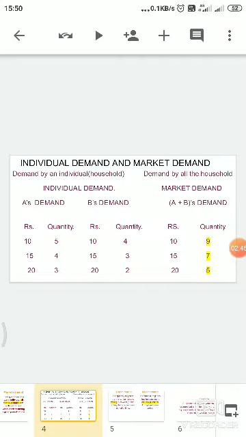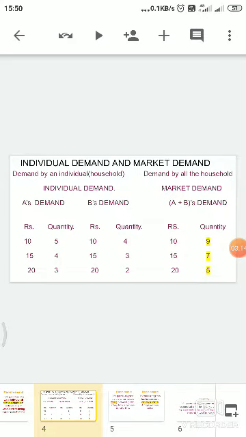When the price is rupees 15, he demands 4 units. When the price is 20, he demands 3 units. This is the individual demand of A. Now, B's individual demand at rupees 10 is 4, at 15 it is 3, and at rupees 20 it is 2. So here A and B represent individual demands in the market.